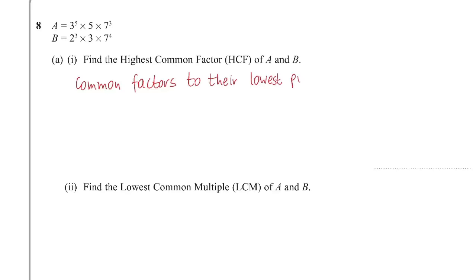So that would be, in this case, 3 times 7 to the power of 3, which gives an answer of 1,029.